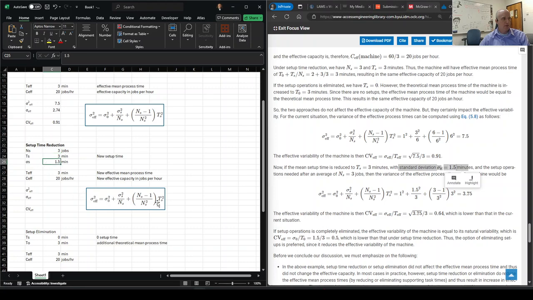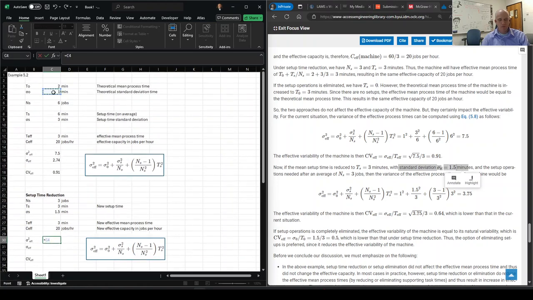Now we have all the pieces to identify the variance of the effective process time. So let's figure out what this variance is. Again, we're going to start with the standard deviation of the process time, which hasn't changed. That's up above at 1 minute. We'll square that. We're going to add to that this expression, which is the standard deviation of the setup time. We'll square that.